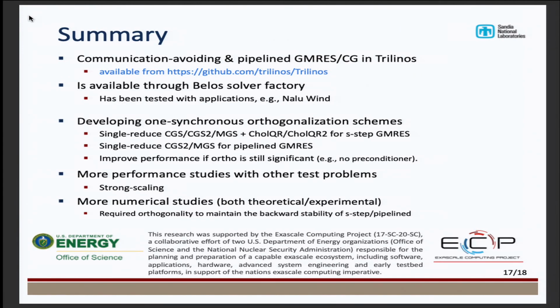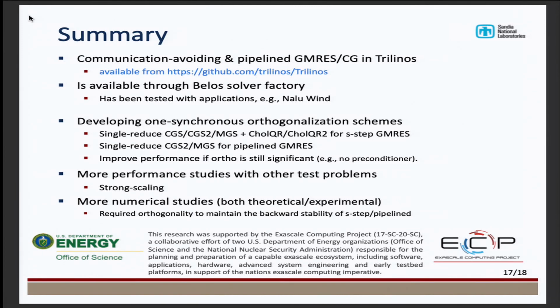So just to summarize, we now have communication-avoiding and pipelined versions of GMRES and CG in Trilinos, and they are available through the Belos software package. We've been testing their performance and stability with applications, including the ExaWind applications, and we've been trying to improve their performance.